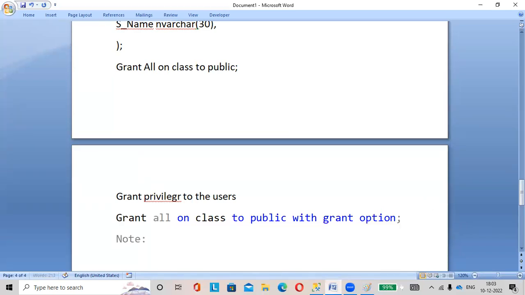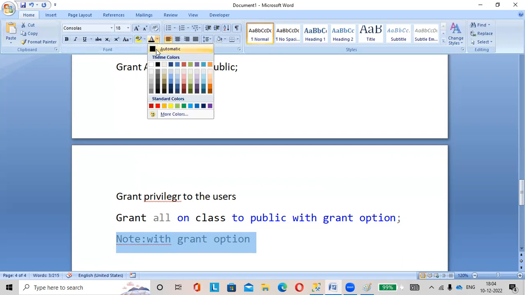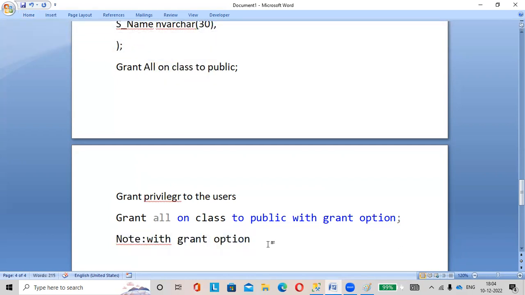Note: with grant option, granted user has the privilege to grant to other users.